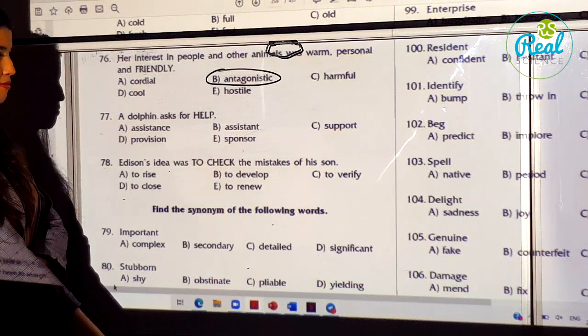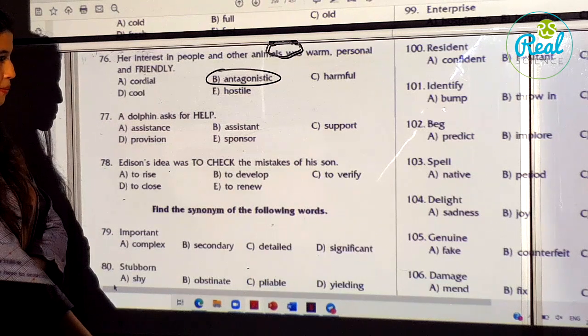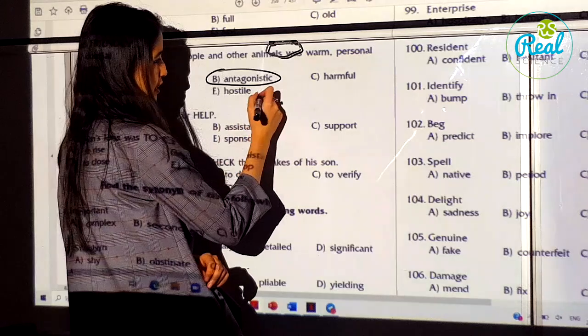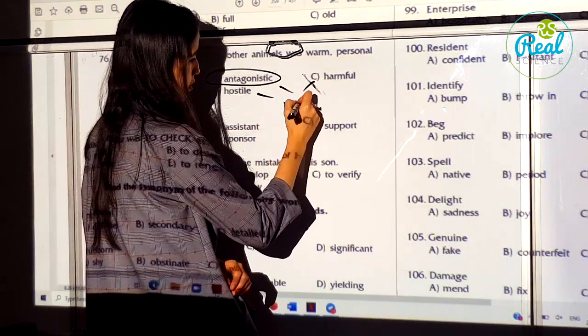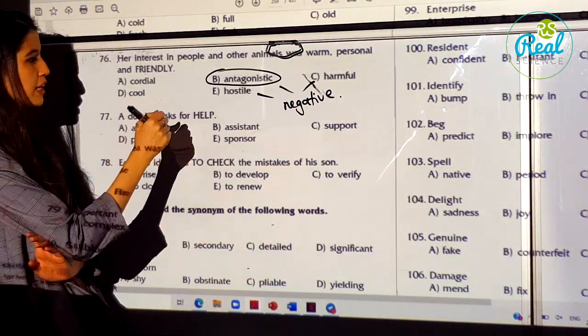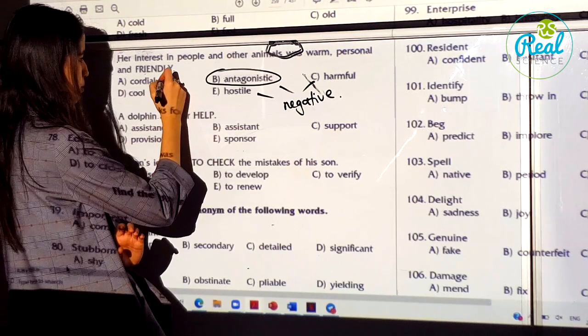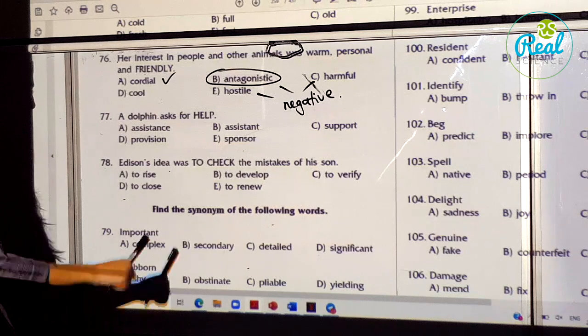Miss Malika, A should be it, because the others mean hostile, harmful. Yes, these all are negative. That's why here we don't have the correct one; you have to choose the best answer. So the best answer would be cordial. Okay, a dolphin asks for help.